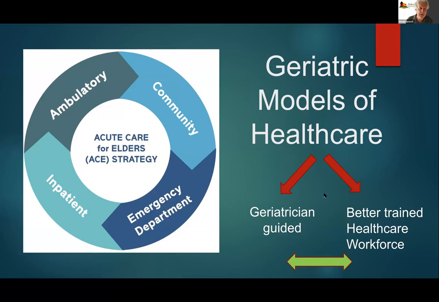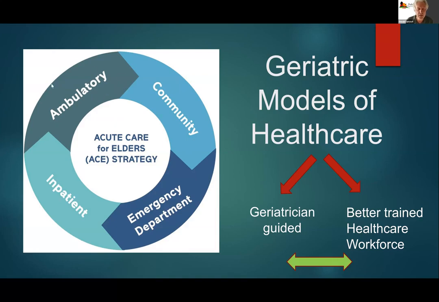And you can see in the paradigm on the left here that so much centers around acute care for elderly, but actually the truth be told is that most of the prevention occurs in this right upper corner of community-based healthcare, and then on the left upper corner of ambulatory-based healthcare.